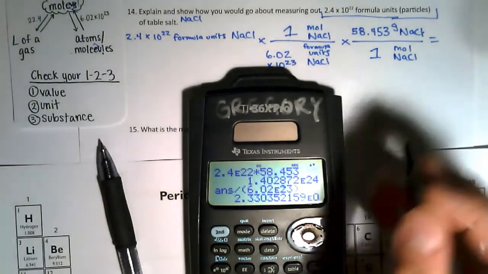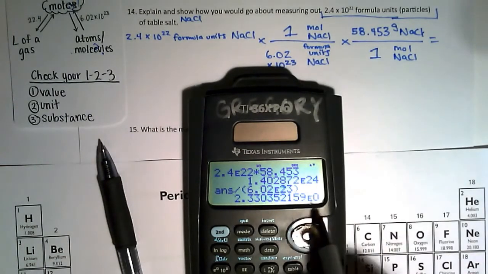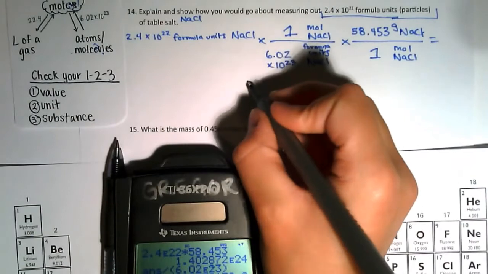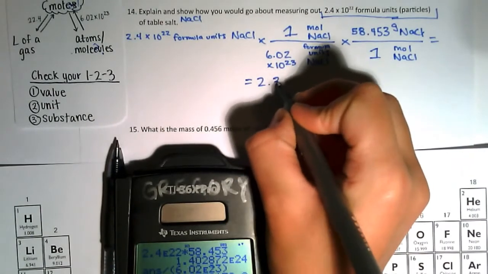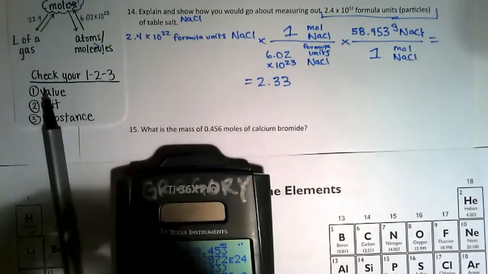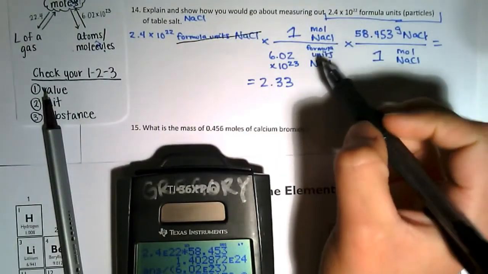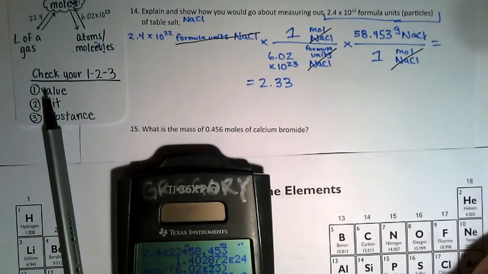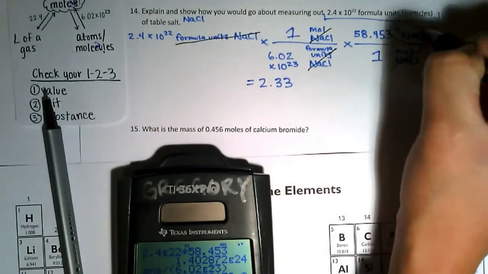Okay? And that gave us 2.33 e to the 0. So times 10 to the 0th power. So times 1. So this is equal to 2.33. And then to figure out our units, formula units of NaCl cancels out. And then moles of NaCl also cancels out. So we're left with grams of NaCl.